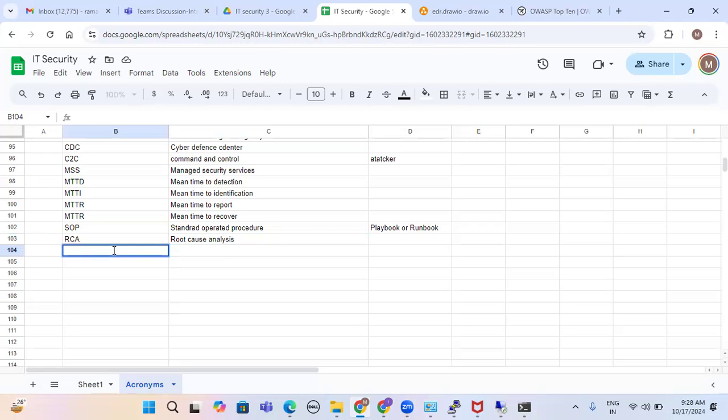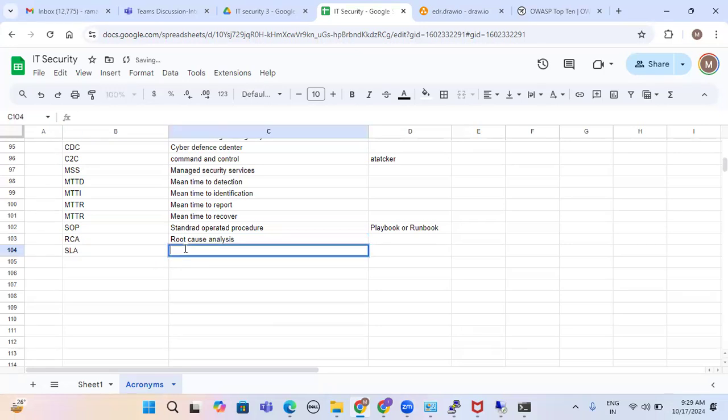Next one, SLA, service level agreement. What is the service level agreement? It is always time based. When security incidents are triggered, what is the time for critical incidents? How many hours do we have to complete? For high severity, how many hours?